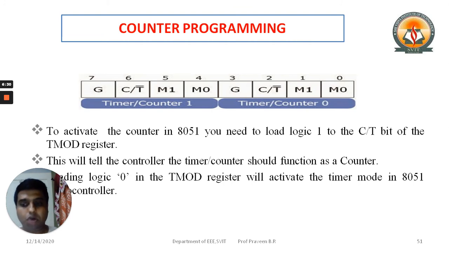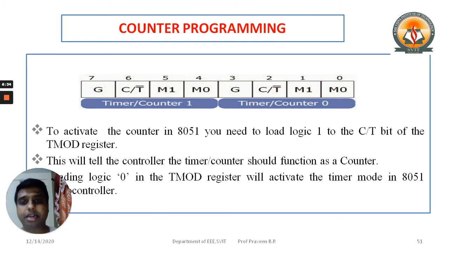So this is how we are going to activate the counter and the modes. And the same modes whatever we have spoken of in the case of timer are applicable even in the case of counter.